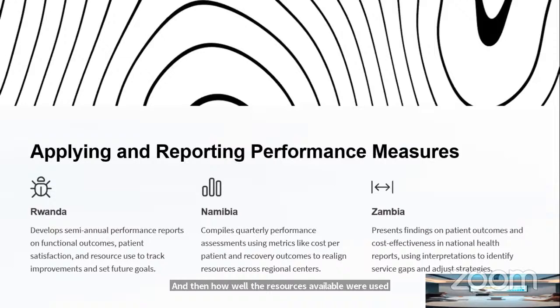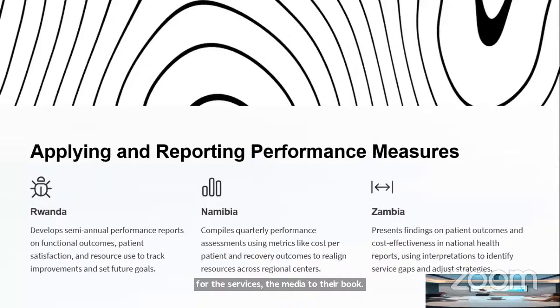It helped them track improvements in their services delivery, and they used it to set the future goals for the services they will deliver to their population.